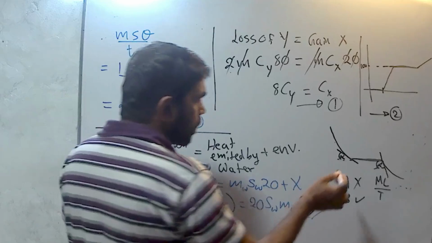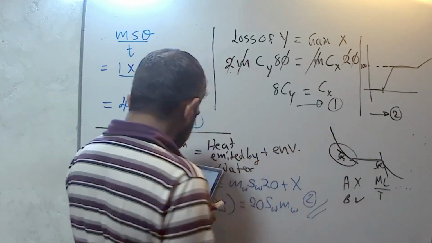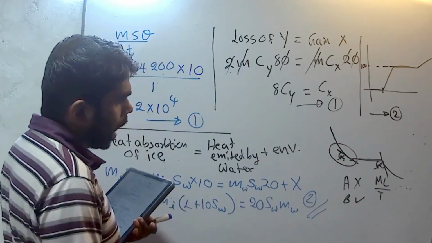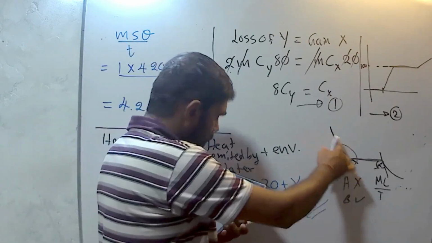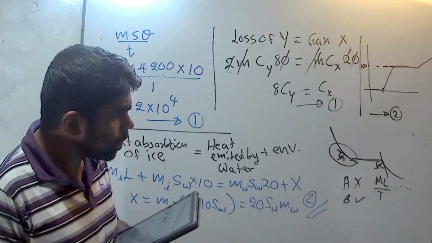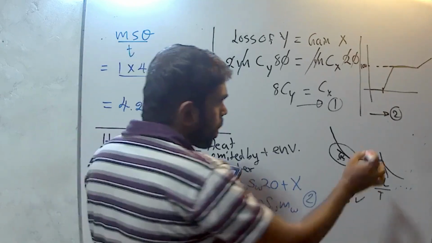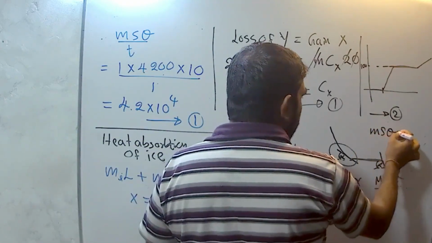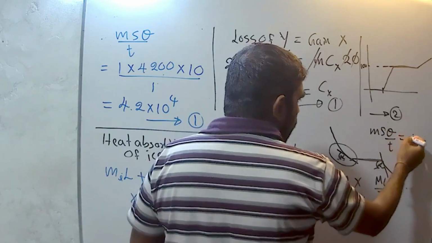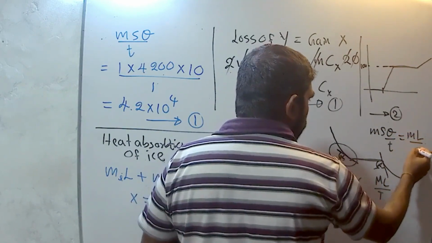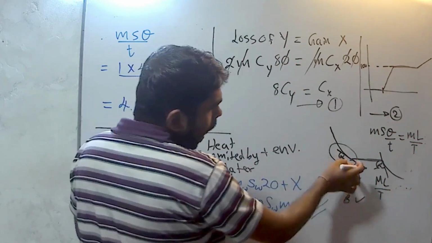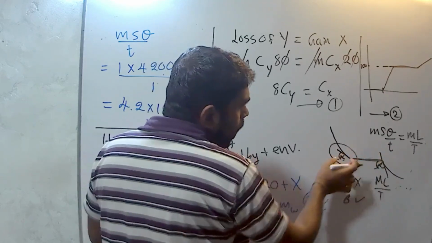We can get the cooling rate in this situation as theta over T. Then we can write ms theta over T equals ml over T, because there is a constant temperature in this region.